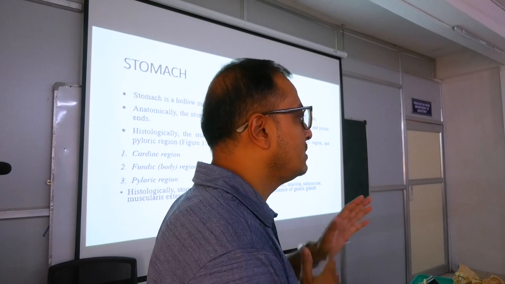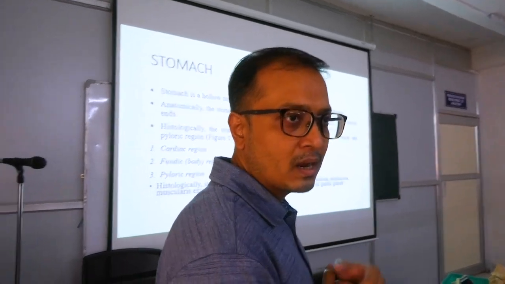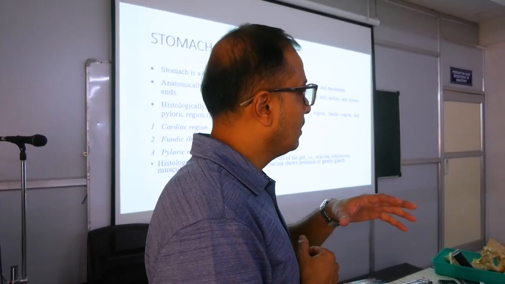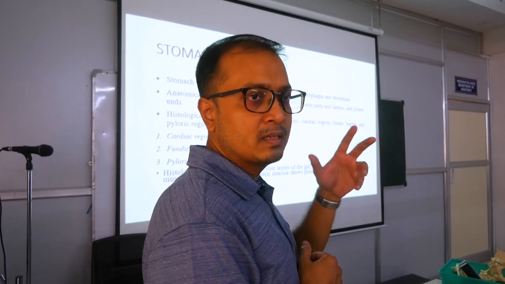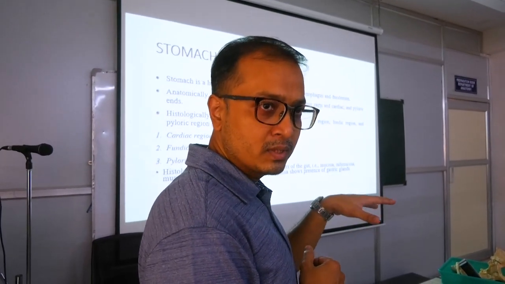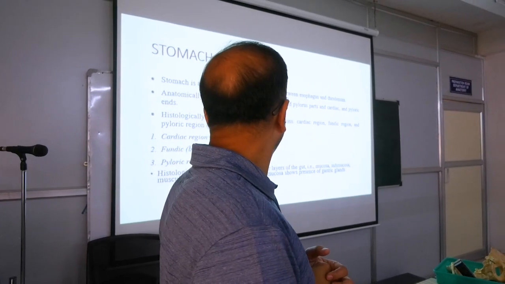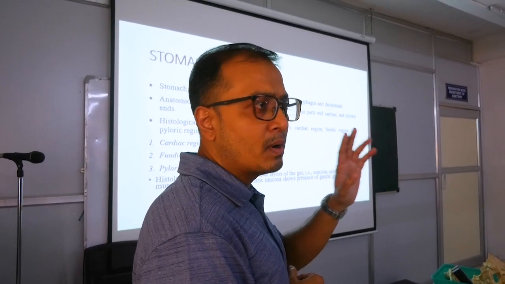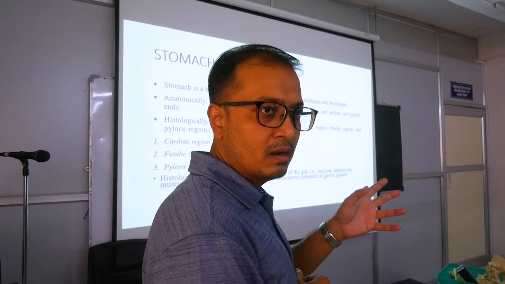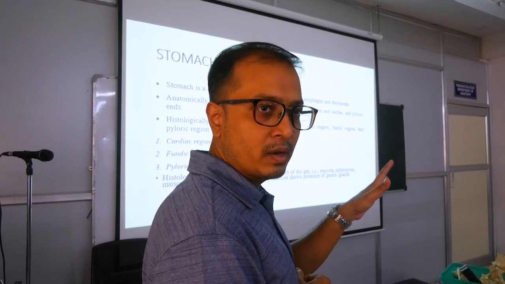Now, whenever you are grossly identifying it, it has a couple of parts like cardiac end, pyloric end. It has fundus, it has a body, it has a pyloric end which is continued down as the small intestine coils. Now, histologically, we divide the stomach into three segments: cardiac end, fundus and body together, and pyloric end.